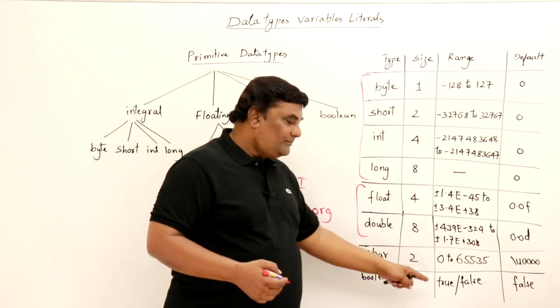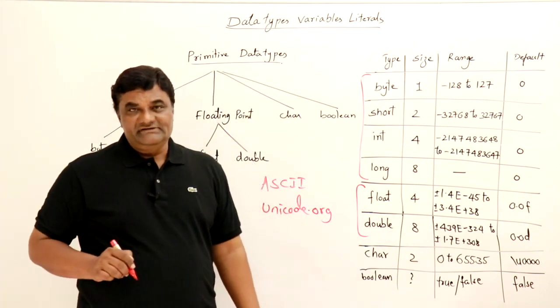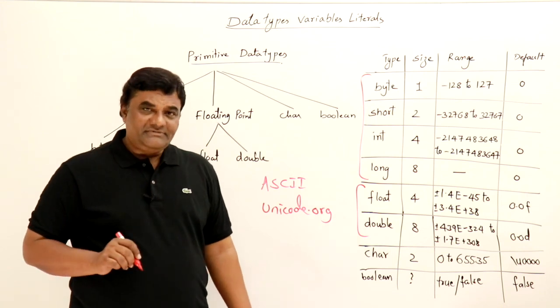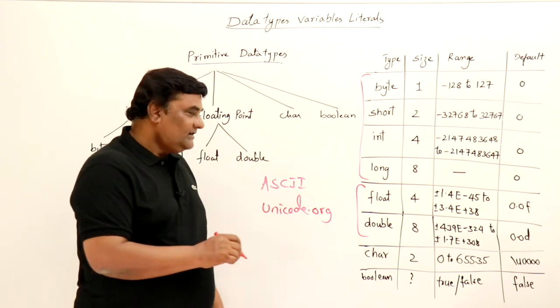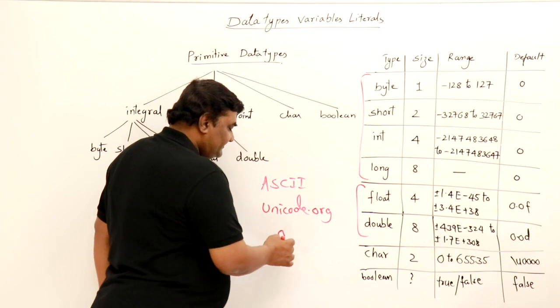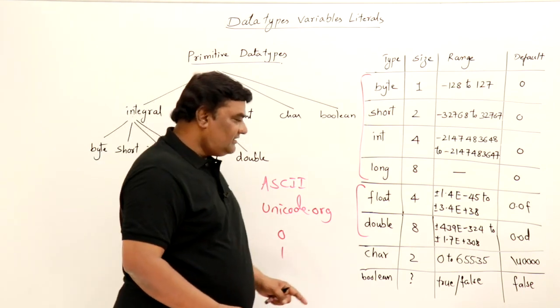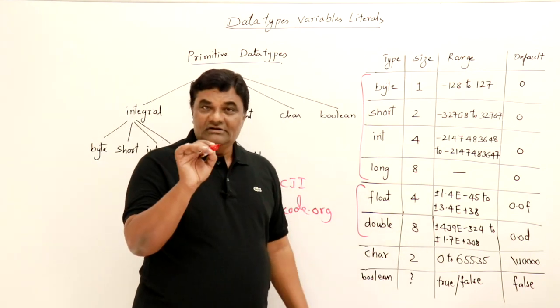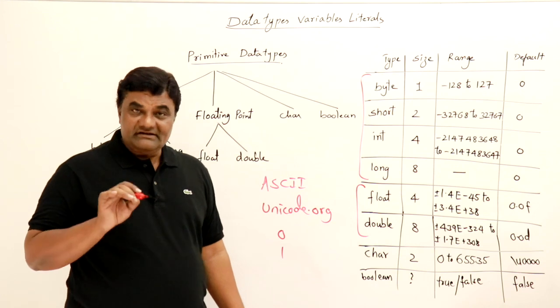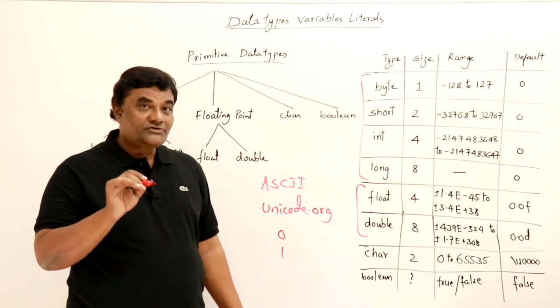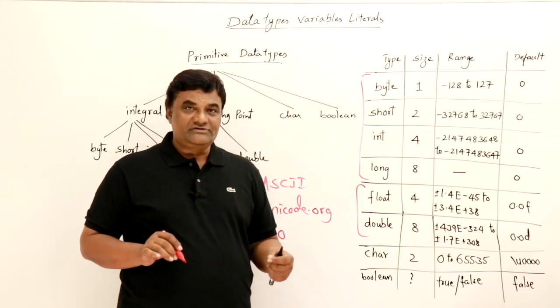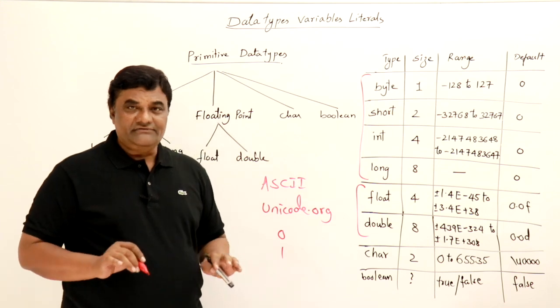Then lastly, boolean. This is true and false. If you're coming from C++, you may know that 0 means false and 1 means true. But here in Java, the keyword true is used. It's a reserved word, that is true is used or false is used. So true here doesn't mean 1.